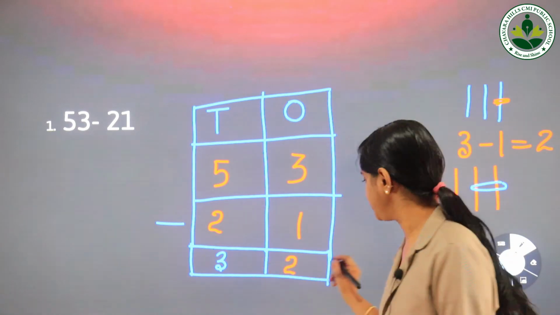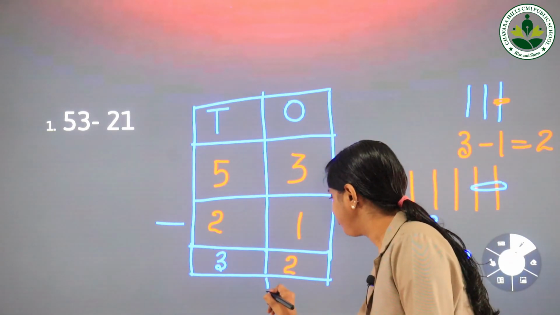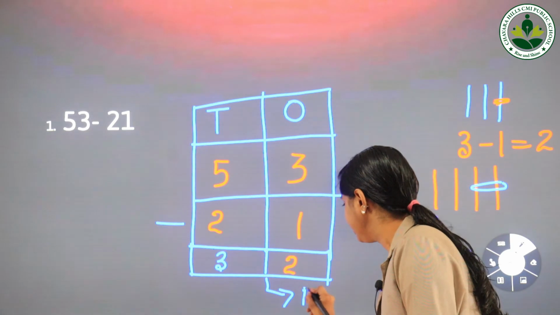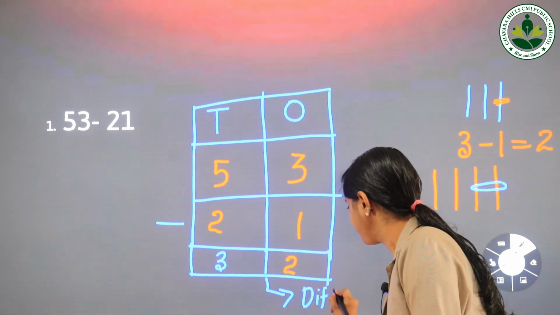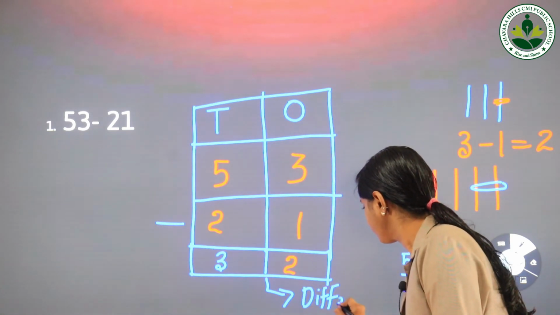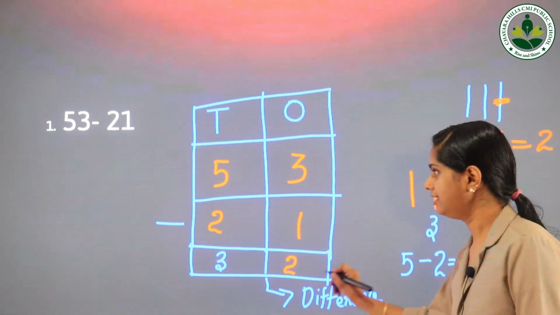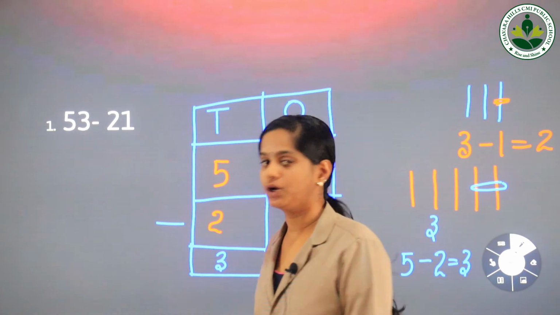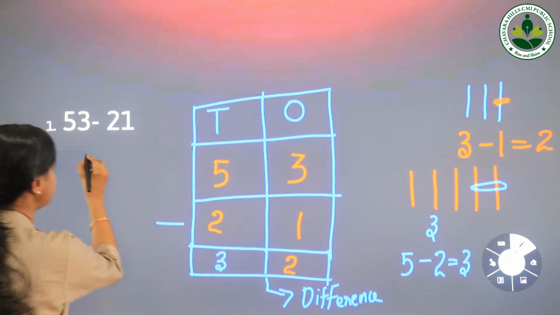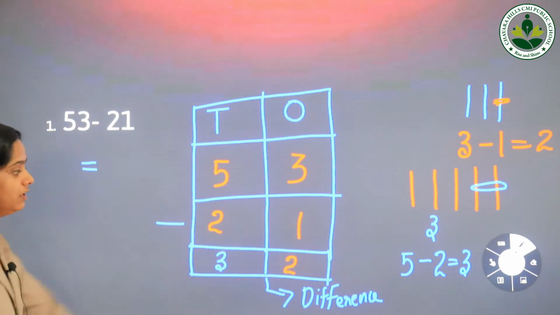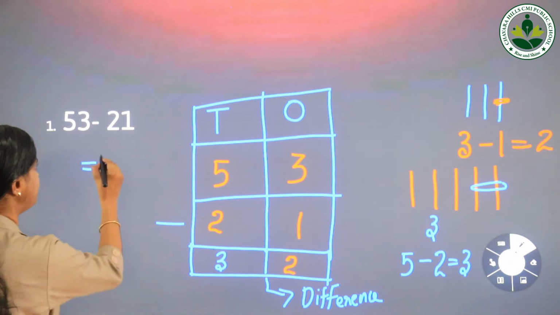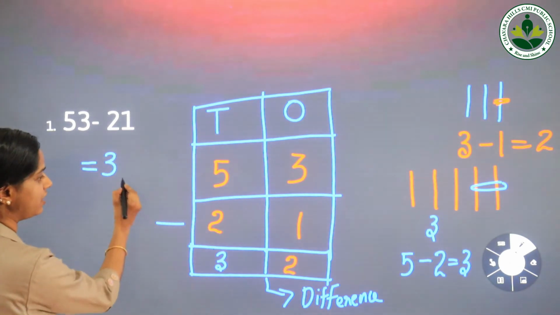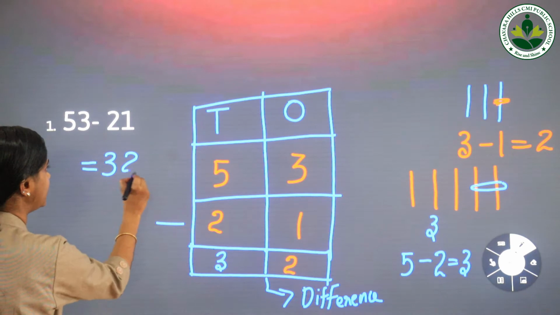The answer is 32. This is the difference. 53 minus 21 is equal to 32.